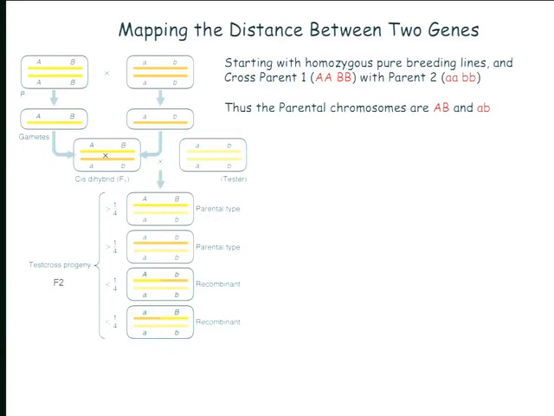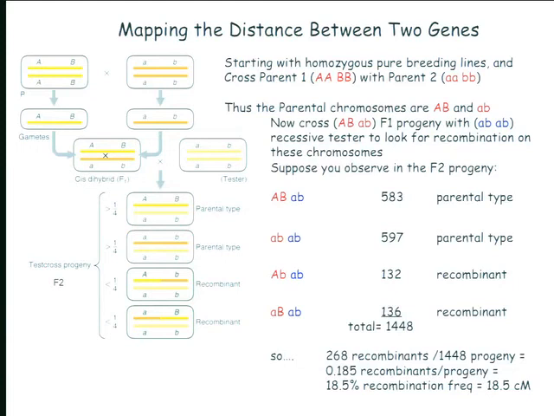And what we're going to observe is different outcomes, where you have different combinations of alleles. You're going to get the parental alleles back, where you have big A, big B, and it's now crossed to little a, little b.